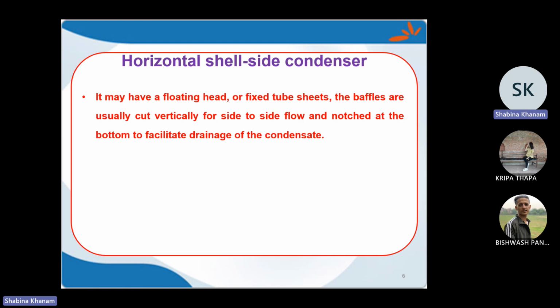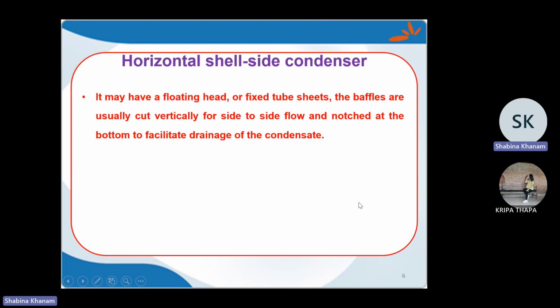But in this case, when condensation is occurring in the shell side and it is horizontally placed, the baffle cuts are vertical. Whatever segmentally cut baffle we are using, that cut should be vertical, not horizontal, because we don't want sinusoidal movement.